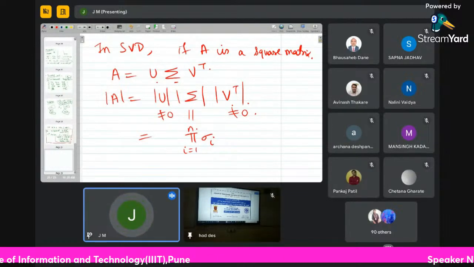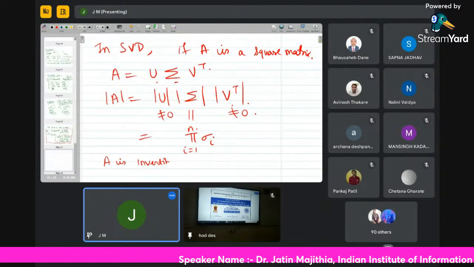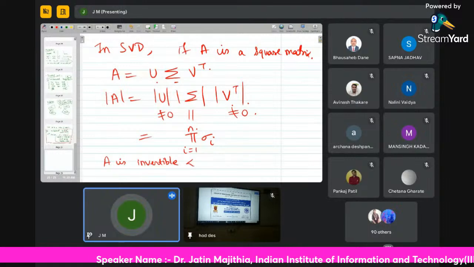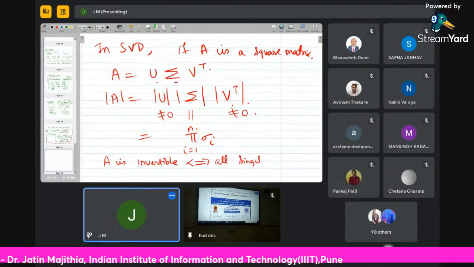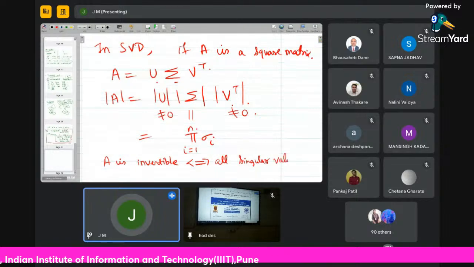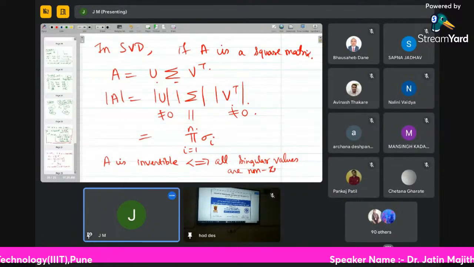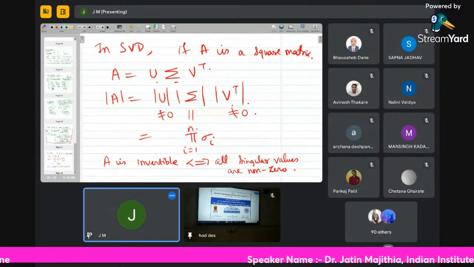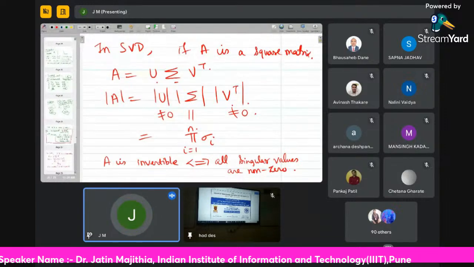So from here also one can say A is invertible if and only if all singular values are non-zero. So there's another property. I'm mixing up the things, but this is also a property that one should look for.